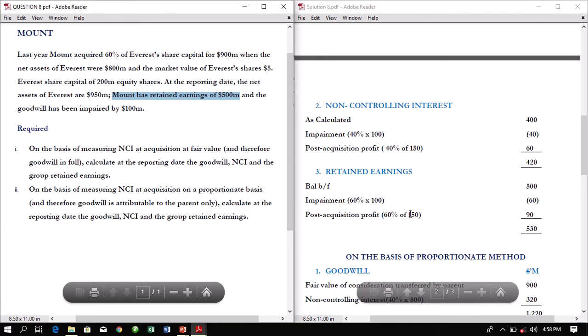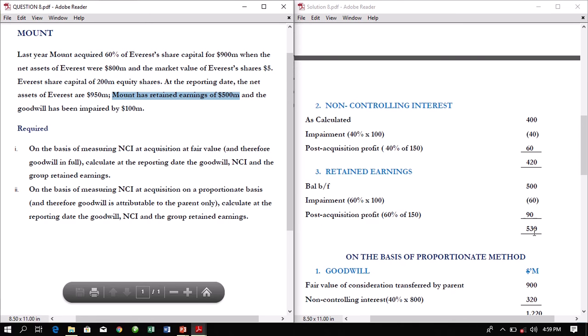So post-acquisition profit is 60% of 150, which gave me a total of 90. And our retained earnings is 530. So if I'm preparing my consolidated statement of financial position, I will have consolidated 420 and also 530 as my non-controlling interest and retained earnings respectively.